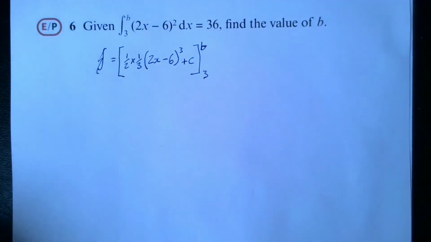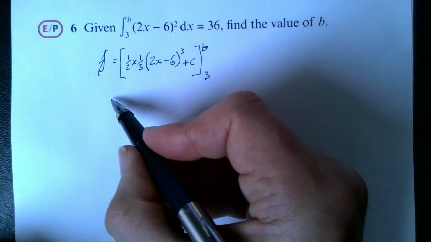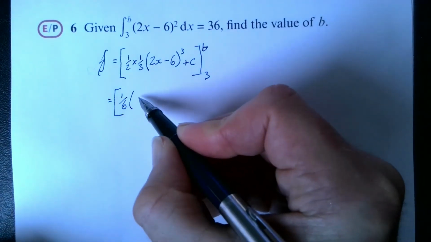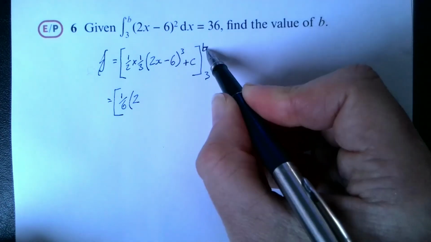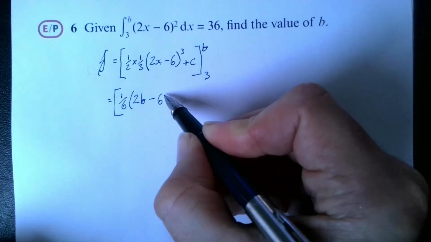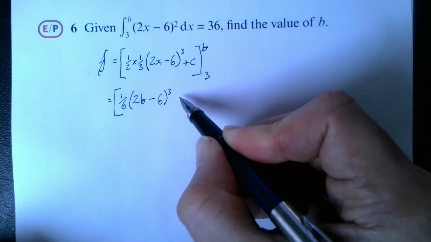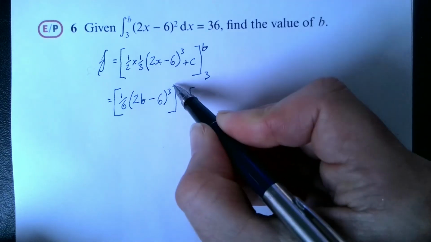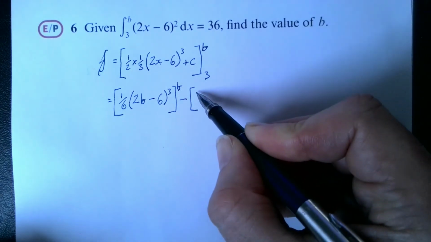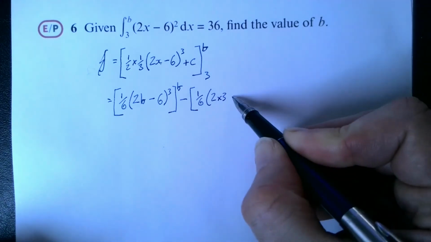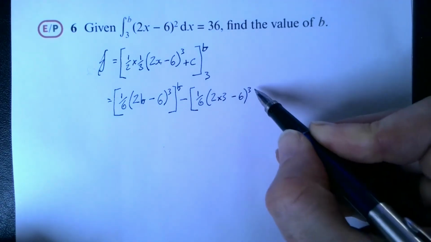So that's the first little bit. We know that that's a sixth, so then I can say, right, I'm going to have 1/6 (2 times b, take 6)^3, ignore the c because that's going to be taken away anyway, and then we'll have 1/6 (2 times 3, take 6)^3.